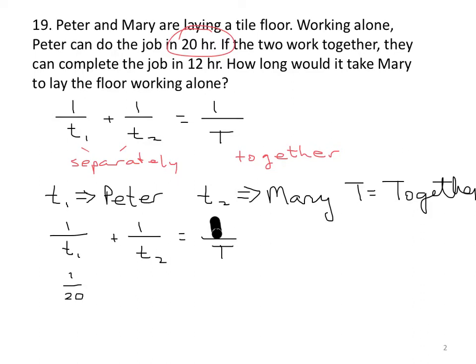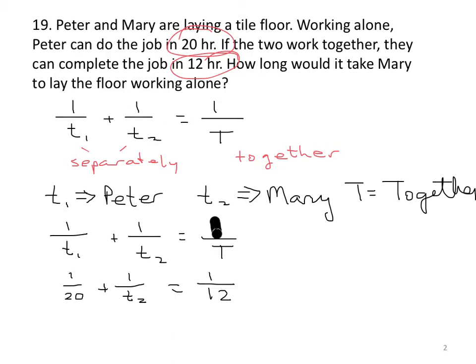T2 is Mary's time, and we don't know Mary's time, so we're going to leave it as T2. That's what we don't know, and that's what we need to find. And then if they were working together, the problem says they could do it in 12 hours, so we're going to put 12 for capital T.